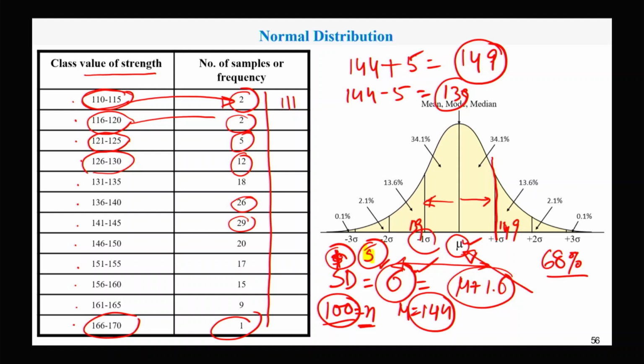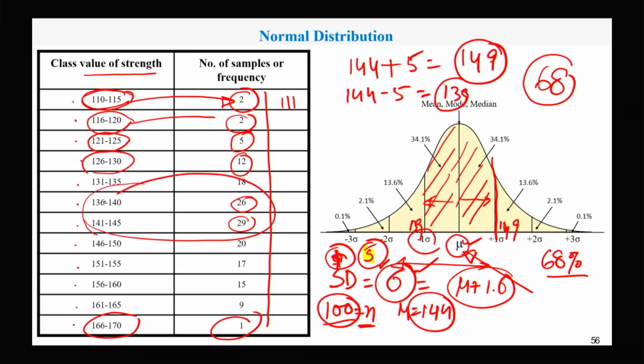So between 139 and 149, in this range 68% of data are lying. That is, out of 100, 68 data will be within this zone. I am not discussing this as per the table, but typically it is 68%.